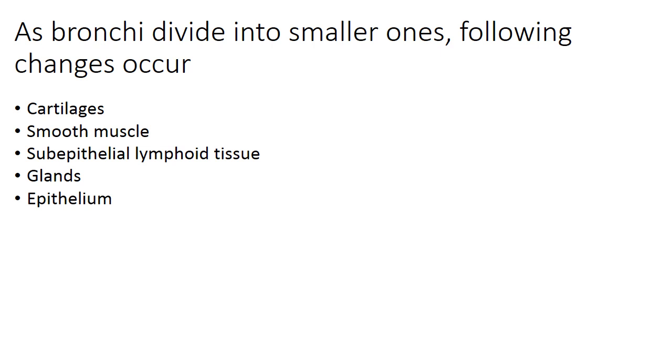Then the smaller bronchi are lined by simple ciliated columnar epithelium. Then the bronchioles are non-ciliated columnar, and finally when we reach the respiratory bronchiole, they are lined by simple cuboidal epithelium. And if we go to the alveoli, they are lined by simple squamous epithelium. So the height of the epithelium goes on decreasing.